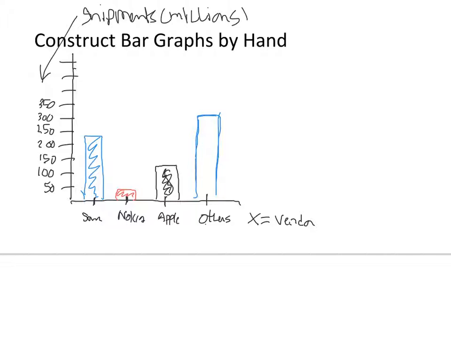My picture is very, very bad, isn't it? So there is the bar graph for frequency. This is by shipments. If I wanted it to be based on relative frequency of shipments, I would have to change the Y axis to percentages, but my graph would look pretty much the same.